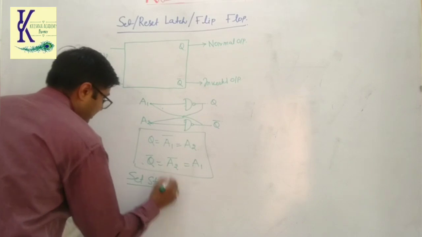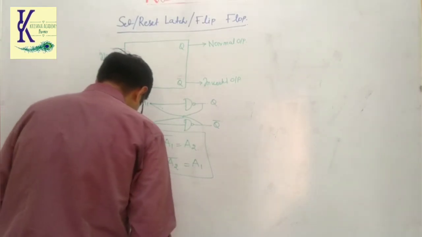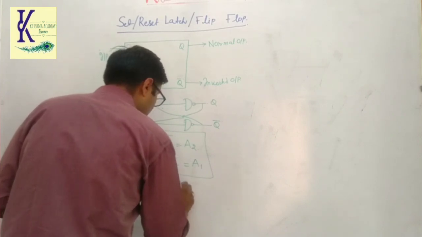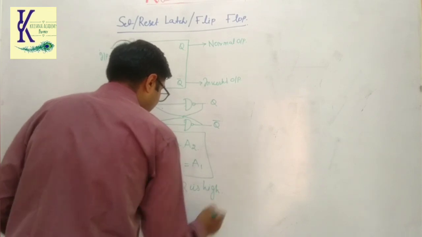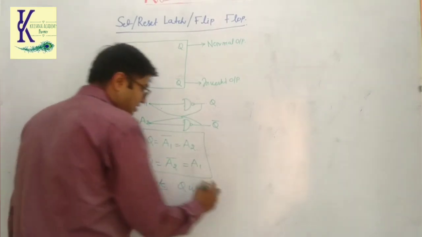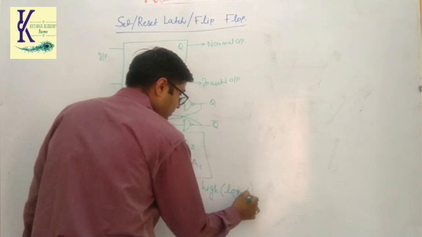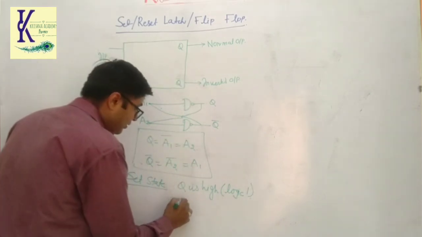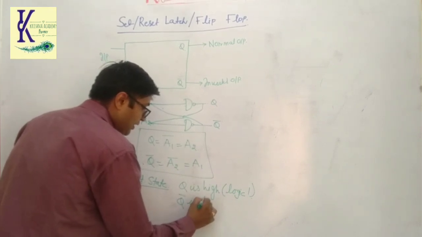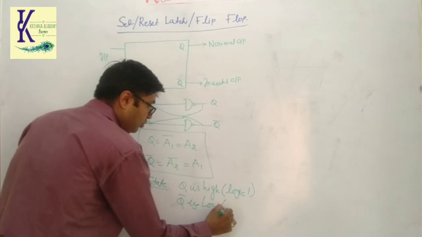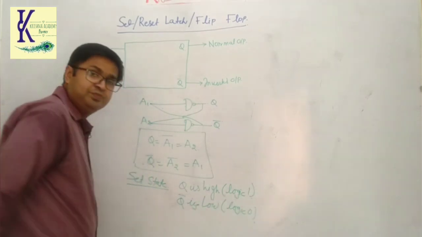This element will be called in the set state when Q is high, that means logic 1, and Q bar is low, that is logic 0.